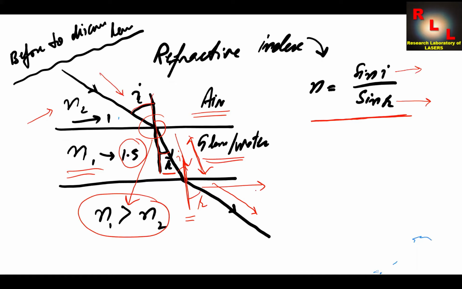And here, what is happening? The light is coming from glass and moving towards the air. In this case, the refracted ray is going away.